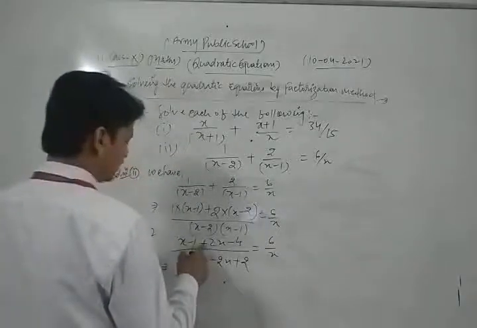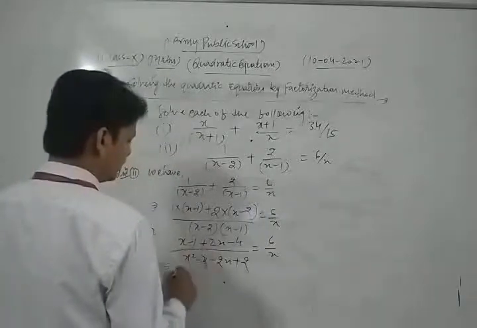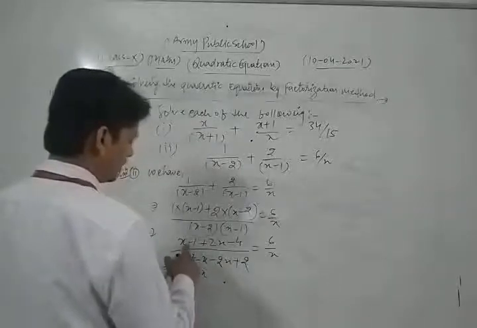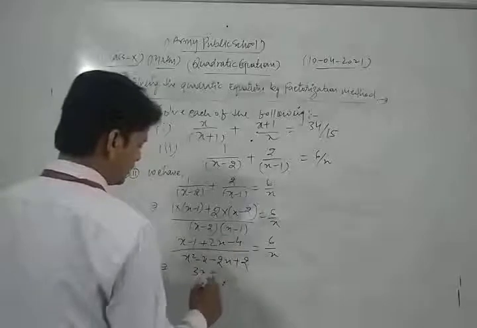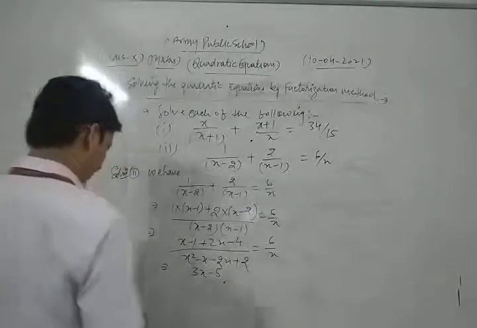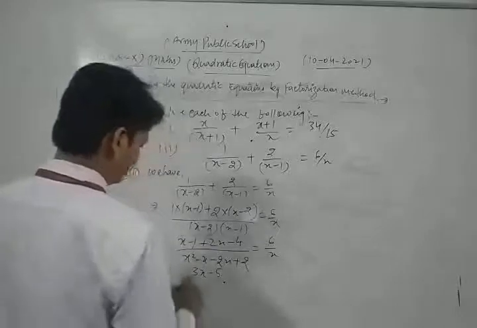Now this is plus 2x and this is plus x, so we get plus 3x, and minus 1 minus 4 is minus 5.